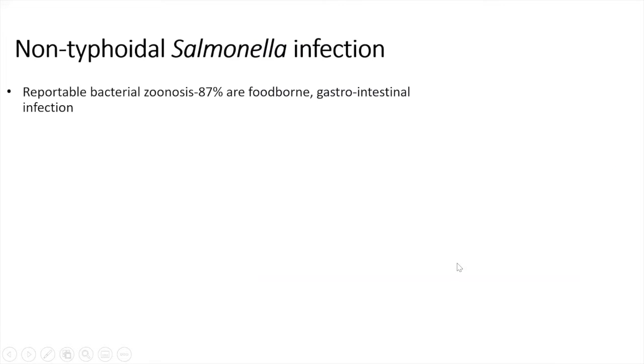Just a quick introduction about Salmonella infection. I'm going to focus on non-typhoidal Salmonella. These are zoonotic infections caused by Salmonella species other than Typhi and Paratyphi. They are reportable infections, and the majority of them are foodborne and spread through the oral-fecal route. 85% are foodborne, but we have other sources such as pets, human-to-human transmission, and drinking contaminated water.